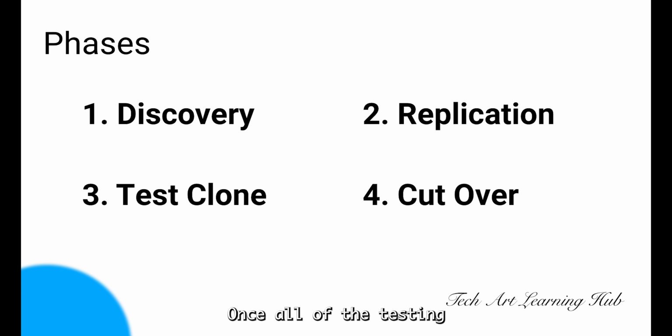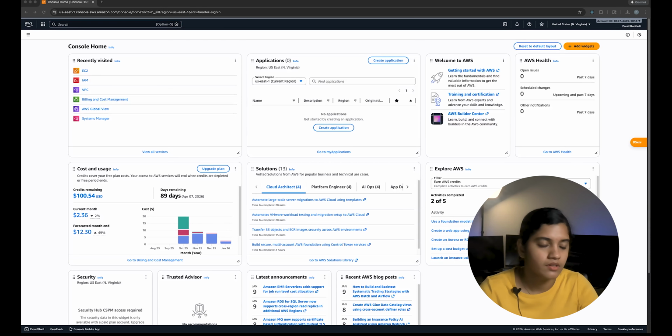Once all of the testing has been successful, we'll move on to the final cutover phase, where the running EC2 instance in AWS will face minimal downtime and the final migration will be made. This is the entire process of the migration, and the new virtual machine instance will be created in the GCP, which will have the same configurations as the EC2 instance that was in the AWS cloud.